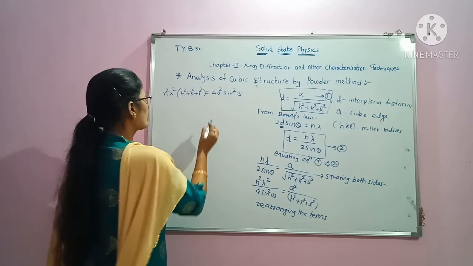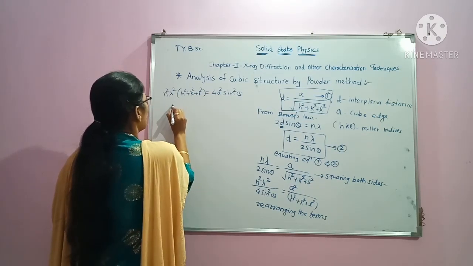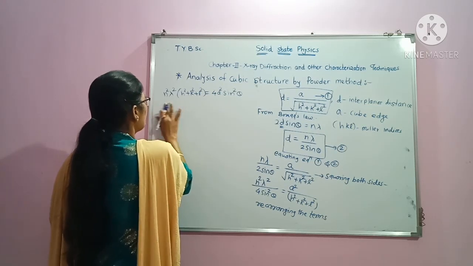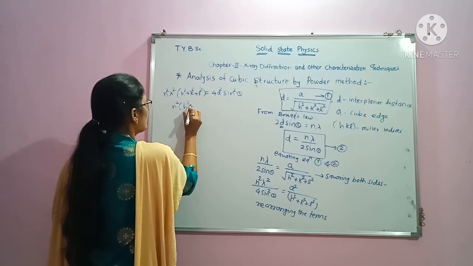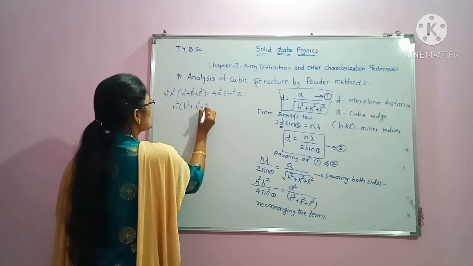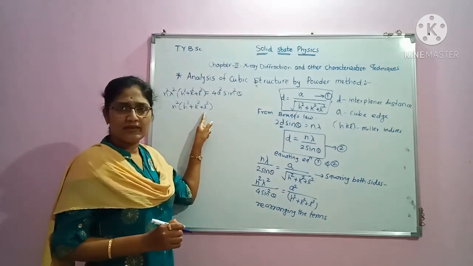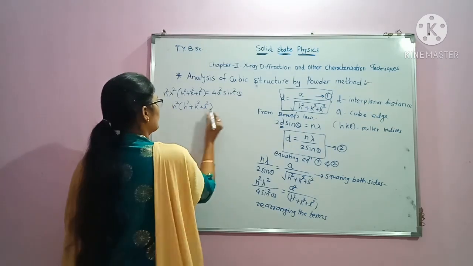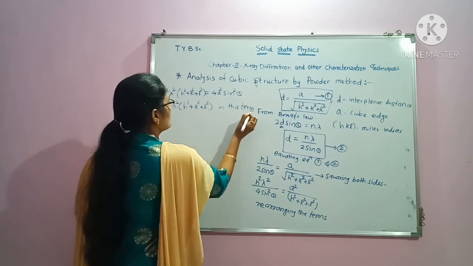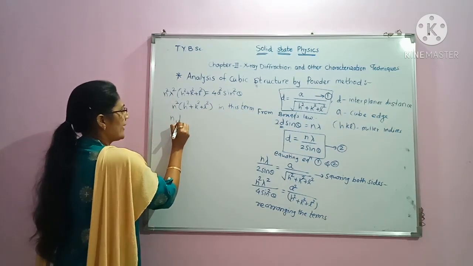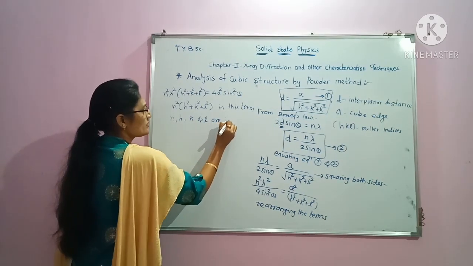Now if we observe, in the term n square into h square plus k square plus l square, n, h, k, l are all integers.